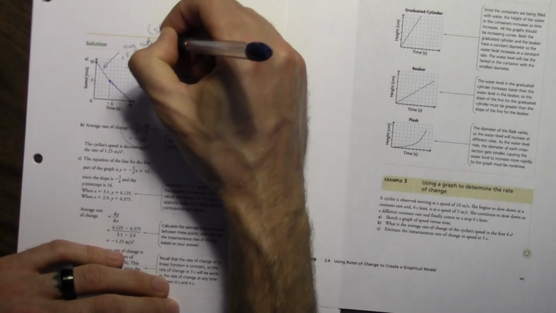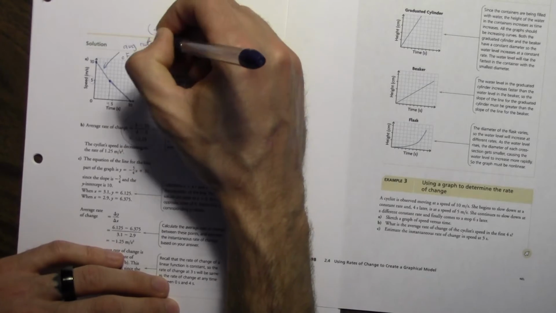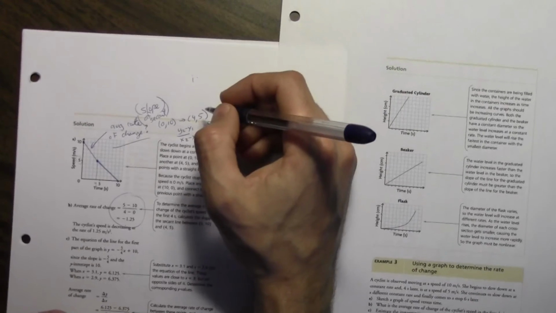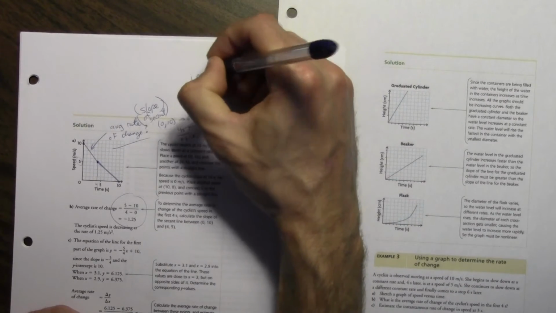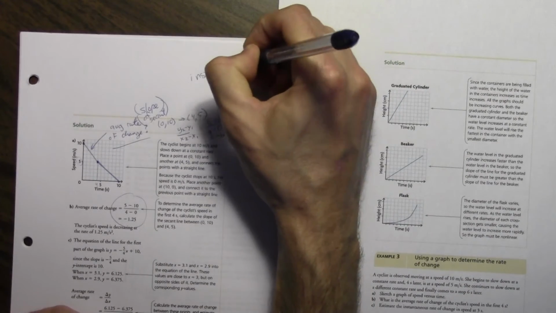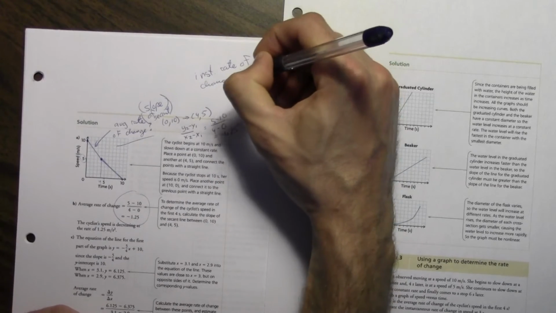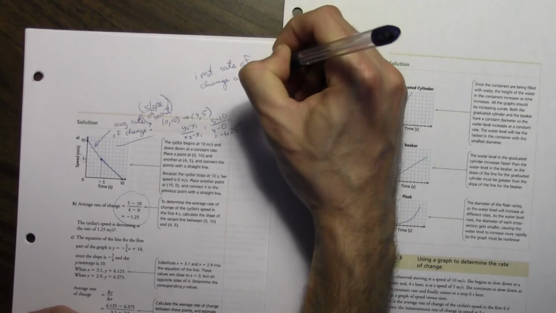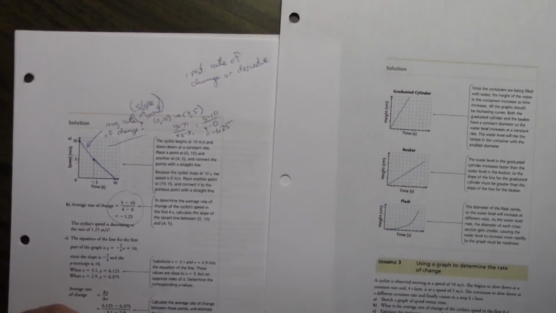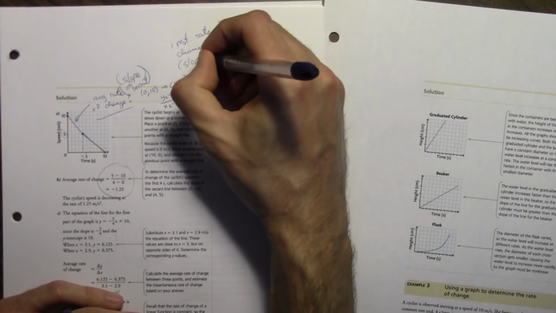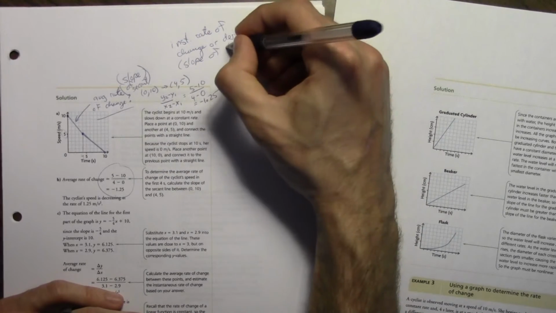Slope of secant. No, instantaneous rate of change, or in calculus, the derivative, is the slope of the tangent.